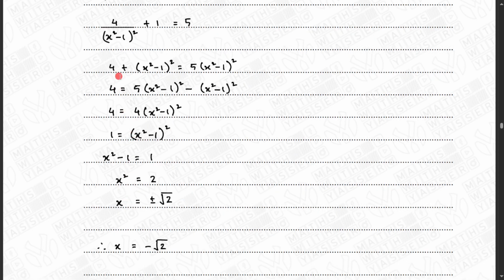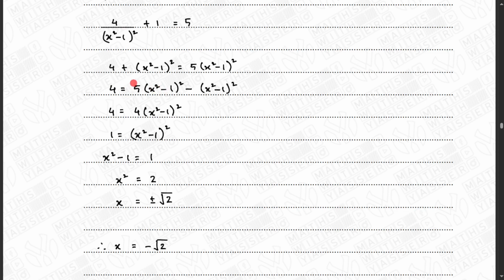Then we have 4 plus (x squared minus 1) whole squared equals 5 within brackets (x squared minus 1) whole squared. So what we did here, I cross multiplied (x squared minus 1) whole squared with 5, but since there was no (x squared minus 1) whole squared in the denominator of 1, I had to multiply this with 1 first and then cross multiply 5 with (x squared minus 1) whole squared.